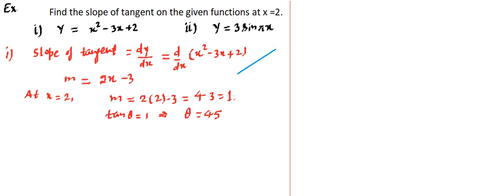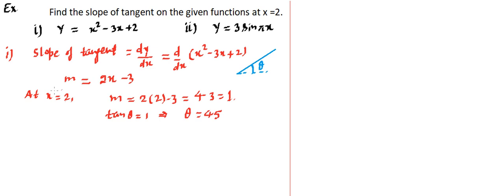Moreover, this tangent line must be making an angle of 45 degrees with the x-axis, which is less than 90. So it has to be like this, positive slope. And if I recall for you, zero slope means a horizontal line, infinite slope means a vertical line, and a line like this has negative slope. Okay, so that's the first part, solution.